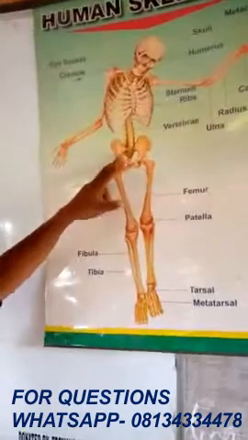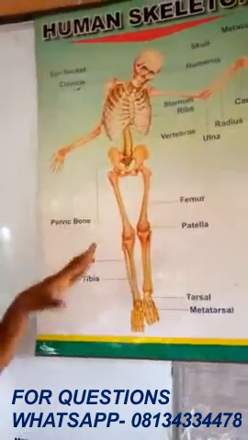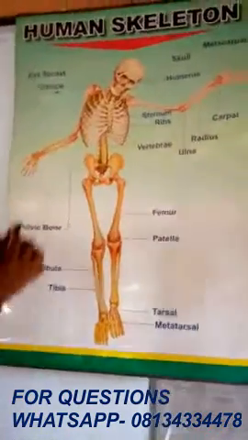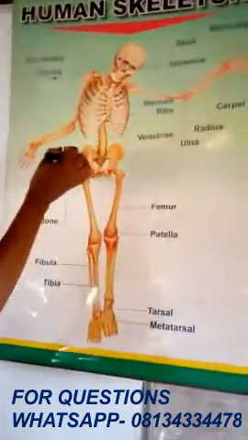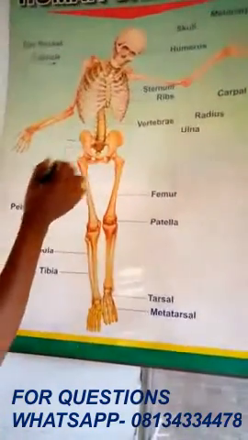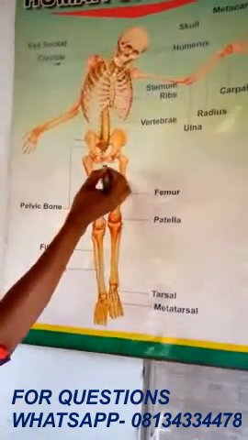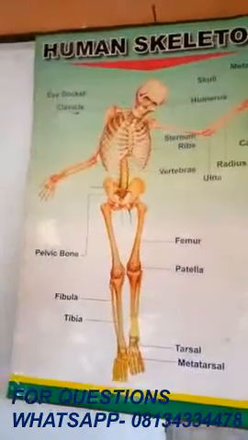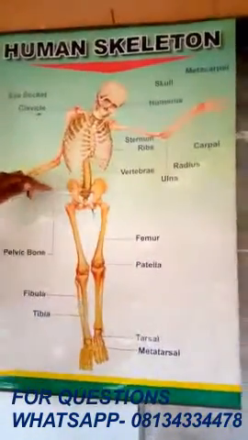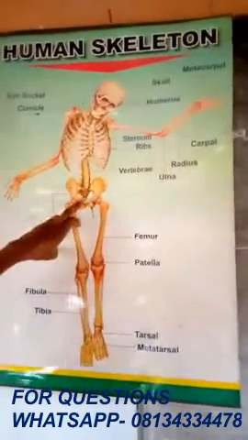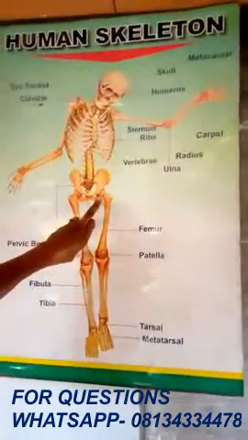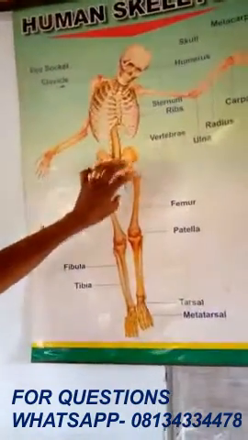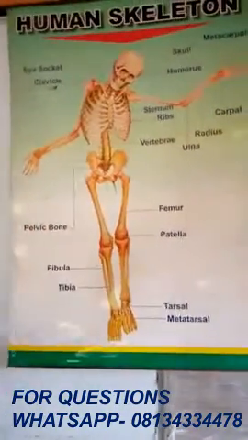The bones that form this girdle are the ilium, the pubis, and the ischium. As time goes on, you are going to have your notes. They are the three main bones that form the pelvic girdle.